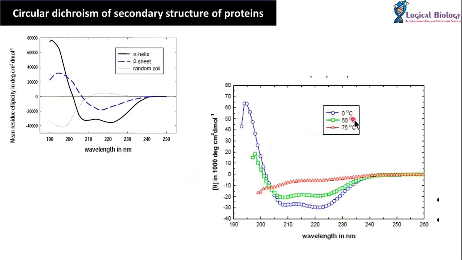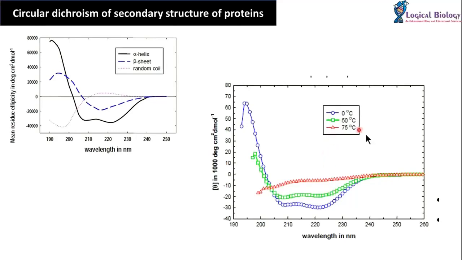Now when we increase the temperature to 50 degree, this alpha character decreases because this positive band is decreasing. We are not getting positive ellipticity at the same wavelength. So we have a reduction in alpha character. You can say the helix is opening at higher temperature, or the protein is getting denatured or unfolded.